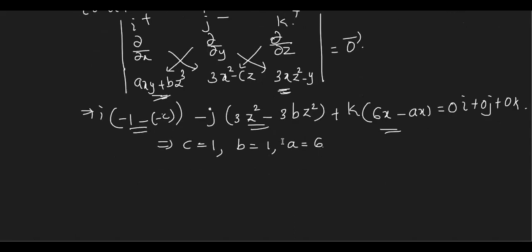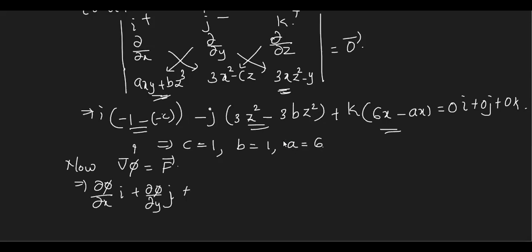Next, we have to find the scalar potential. Del phi is equal to vector f. So this will give dou phi by dou x i, dou phi by dou y j, dou phi by dou z k, equal to f. We need to find phi with the condition del phi equal to f.